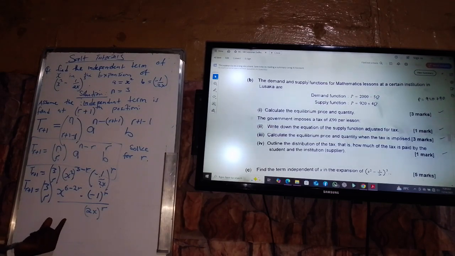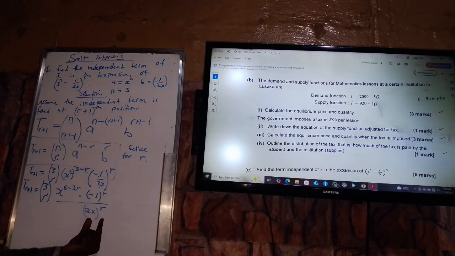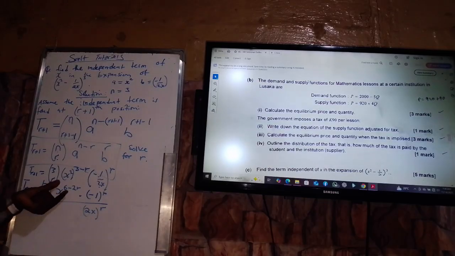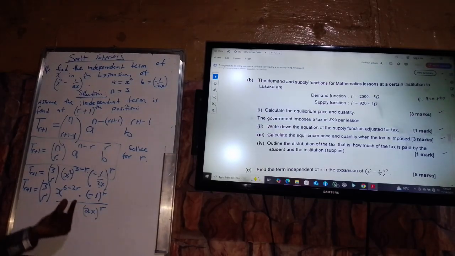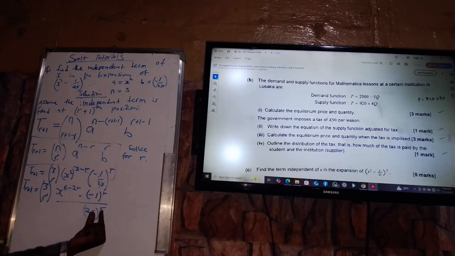Now the question is, for this term to be qualified to be an independent term of x, the x should disappear, and the x can only disappear if the powers in the numerator and in the denominator of x are the same.